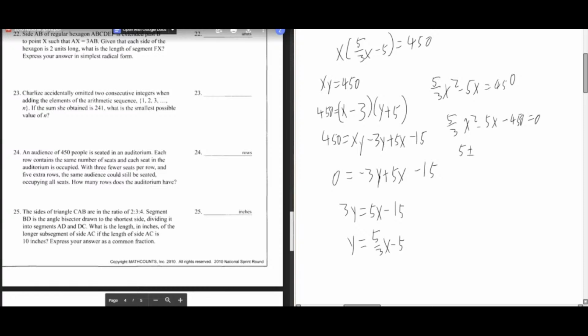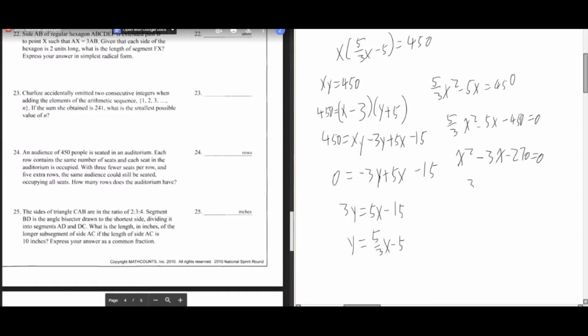Actually, we can multiply all of this by 3 just to make stuff a bit easier on the eyes. You can also divide everything by 5. So you end up with x squared minus 3x minus 270 equals 0, sorry, my bad.